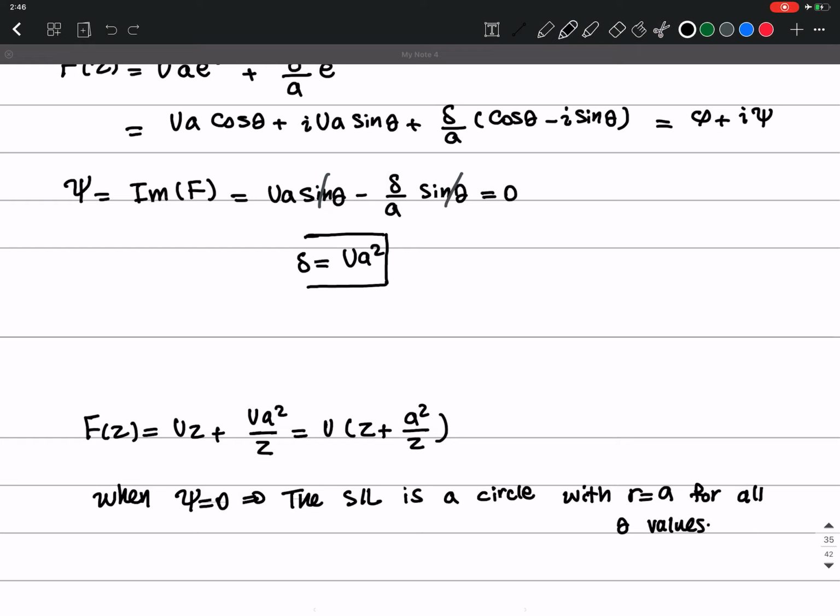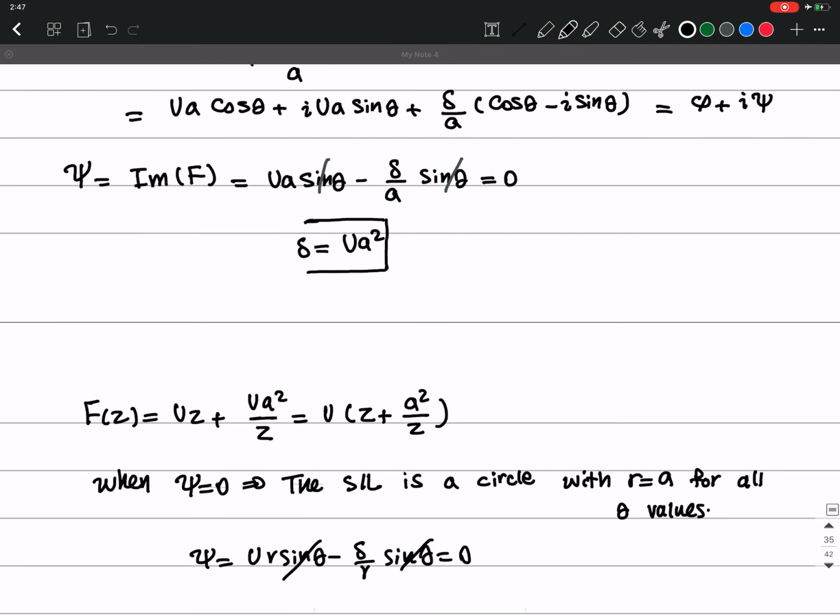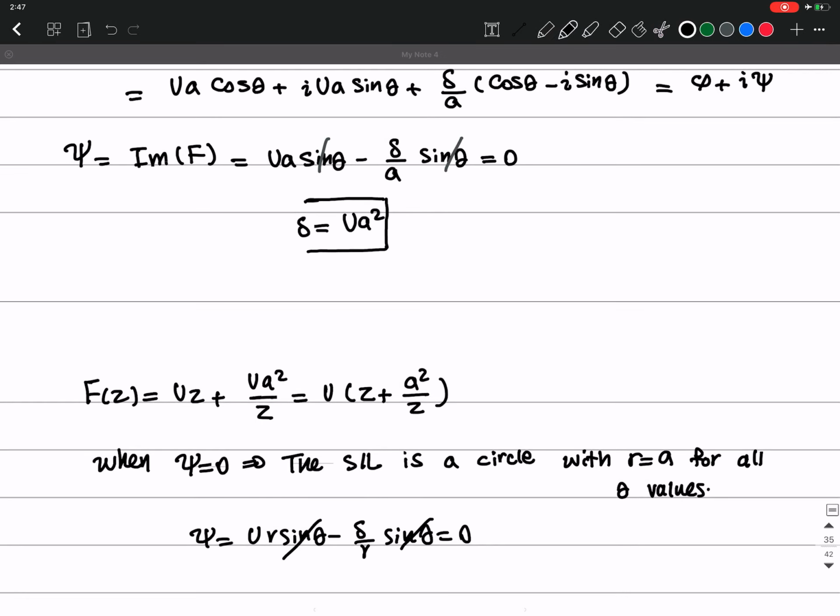So for psi, we know that it's going to be U r sine theta minus delta over r sine theta equals 0. So these two are going to cancel out. Because delta, we know, is UA squared, Ur minus UA squared over r has to be always 0.